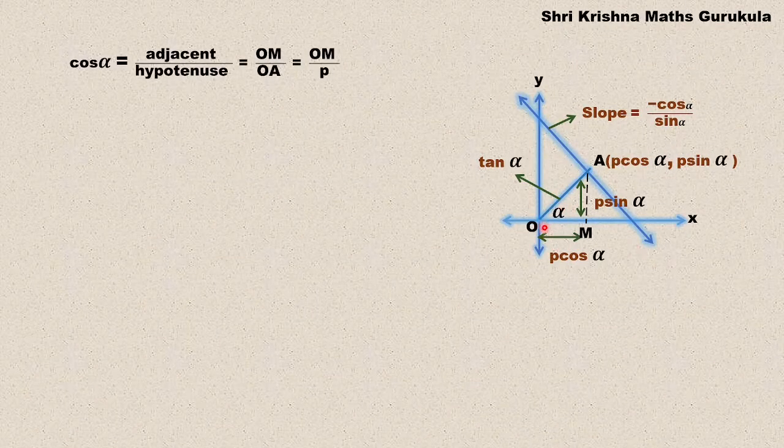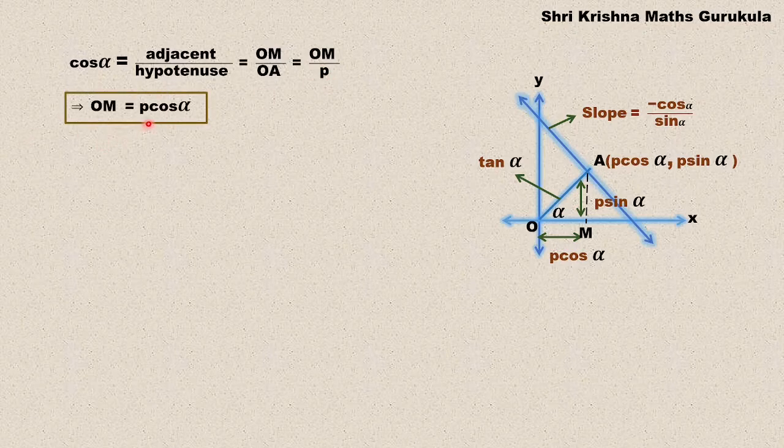So it will be OM by OA, and OM by OA is cos alpha. We already know OA as P, so cos alpha is equal to OM by P. So OM is equal to P cos alpha. Now we have found the x coordinate of the point A, correct? So this x coordinate is P cos alpha and this y coordinate is P sin alpha.